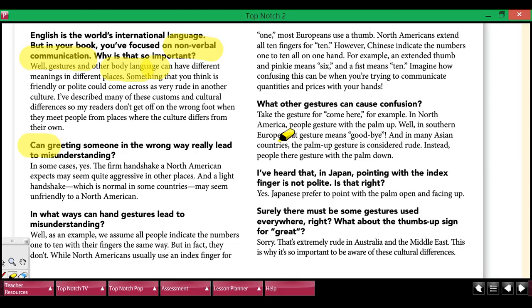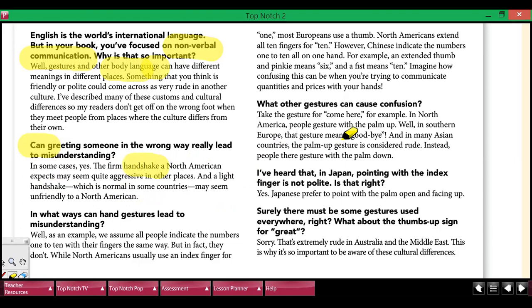And a light handshake, which is normal in some countries, may seem unfriendly to a North American. What is a handshake, Rachel? In Spanish? Apretón de mano, saludo de mano.